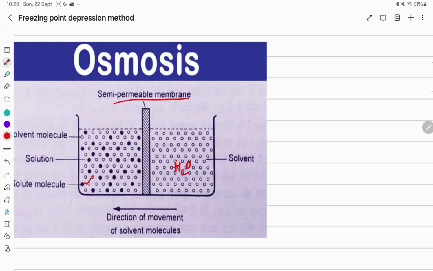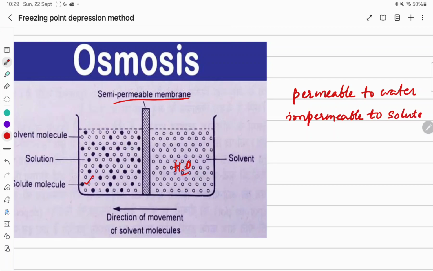Semi-permeable means permeable to water, and impermeable to the solute. So the solute cannot enter into or through this membrane. So only water can move.